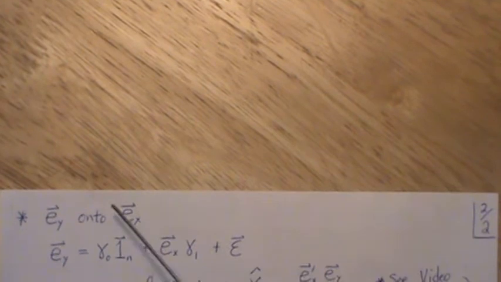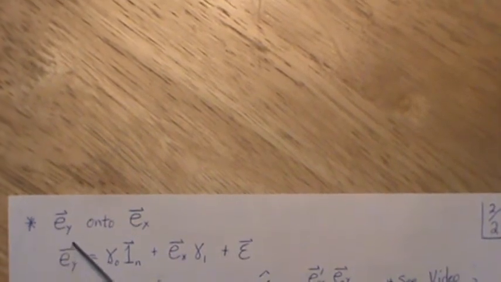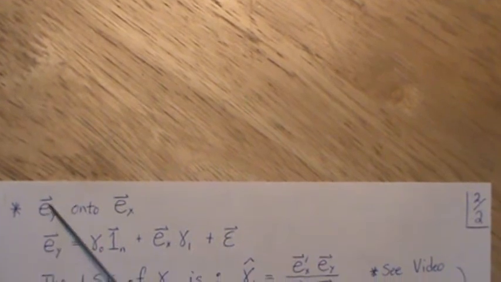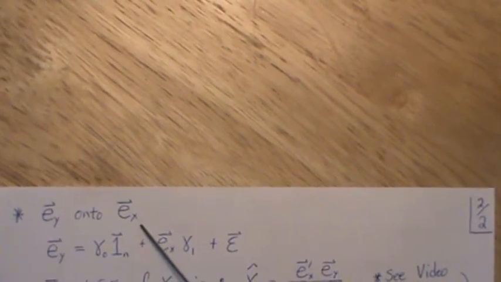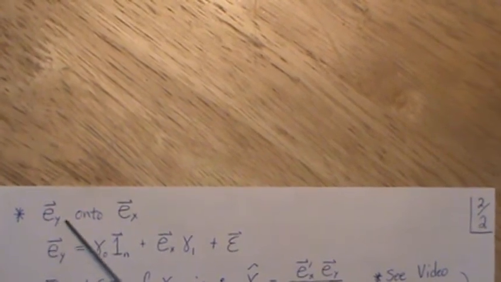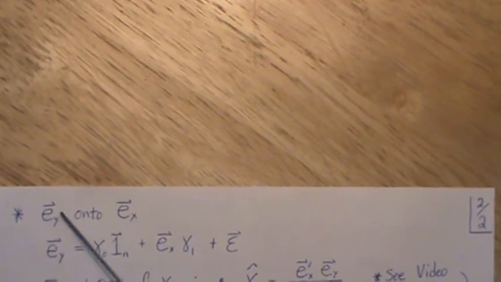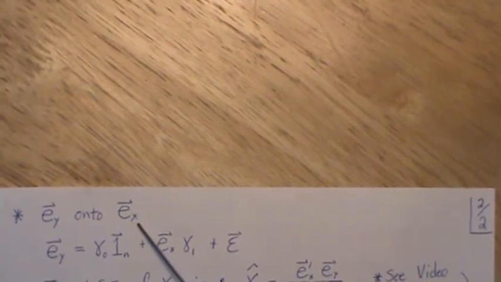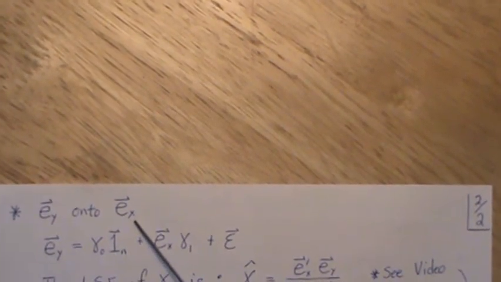Now, as a reminder, the partial correlation is calculated with these residuals, e_y and e_x. This is essentially the information in y where the effects of z have been removed, and the same thing here, it's the essence of x with the effects of z removed.